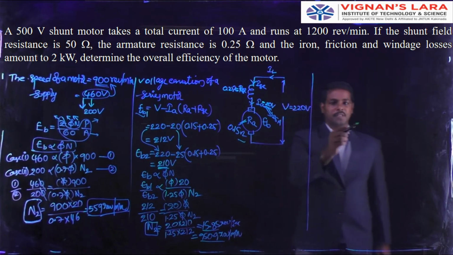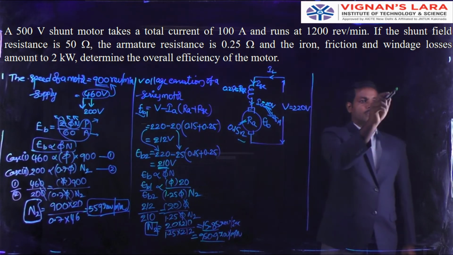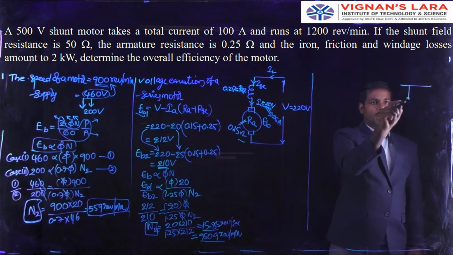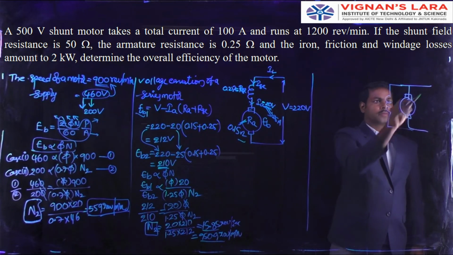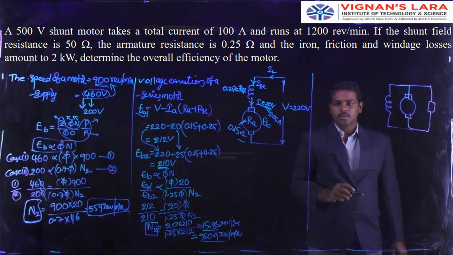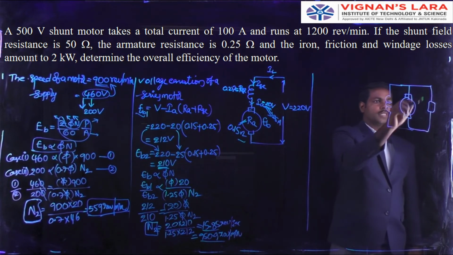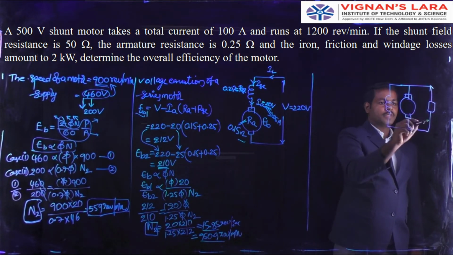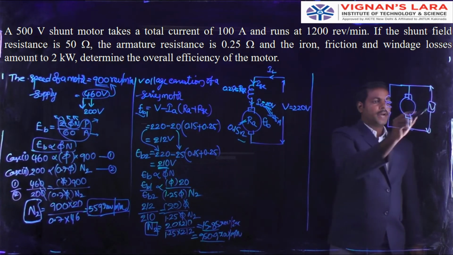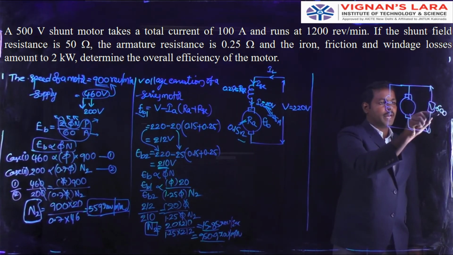So first of all, we can draw the shunt motor, in which the armature is connected across the field winding and across the load. So this is the shunt motor, which is connected to the supply voltage of 500 volts.